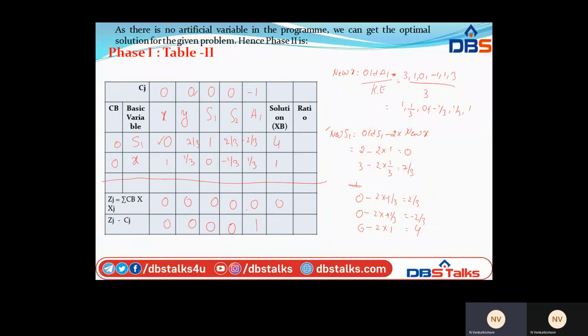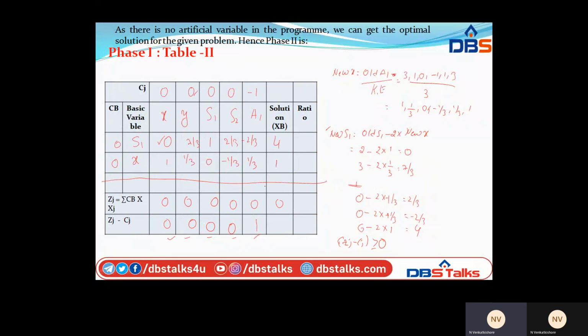This will be 1, since 0 minus of minus 1 is plus 1. So here, what is the condition? Zj minus Cj for all the values greater than or equal to 0. 0 is there, 0, 0, 0. Here also positive 1. So our optimal solution was found.